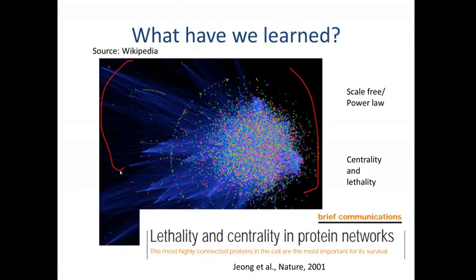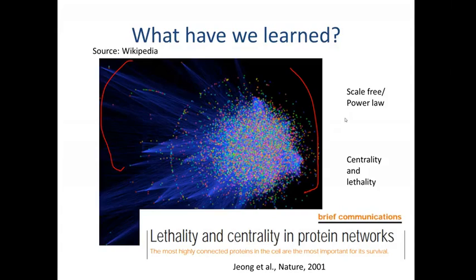And some of the ideas that came from analyzing these networks early on, this is work from Zoltan Oltvai's and Laszlo Barabasi's lab in 2001, where they described a couple of properties. One, that these networks were scale-free, and what that means is that there's relatively few genes that are highly connected and many genes that have relatively few connections. And if you plot it out in log space, you can see that these interactions follow a power law.